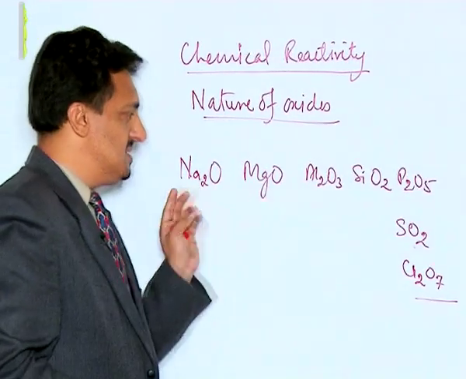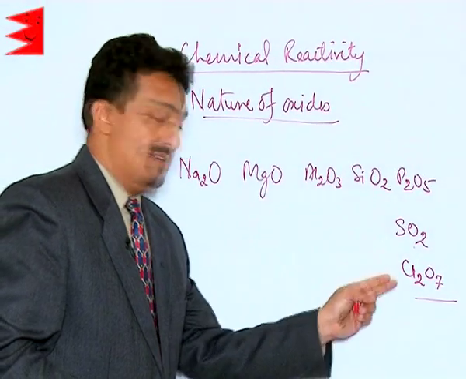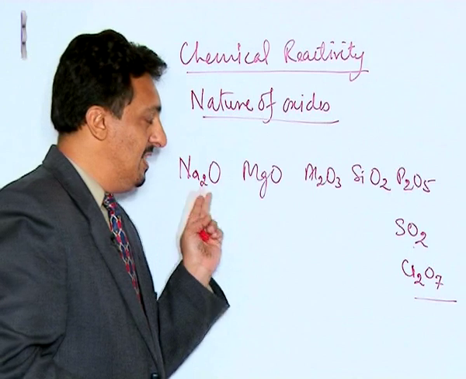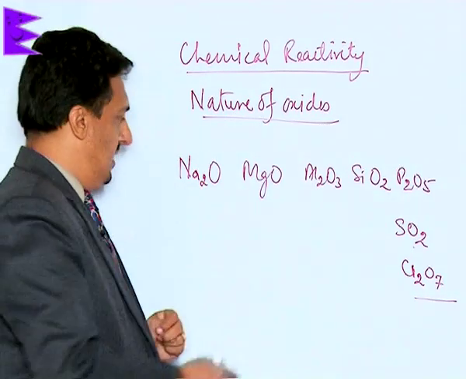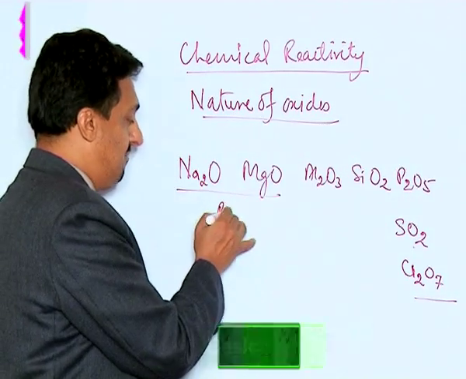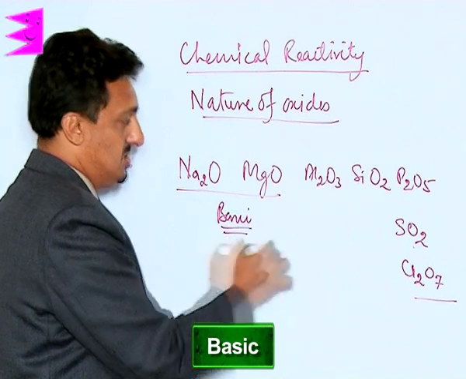So these are the oxides which we get along the third period elements.